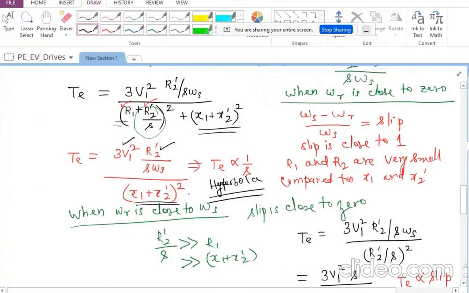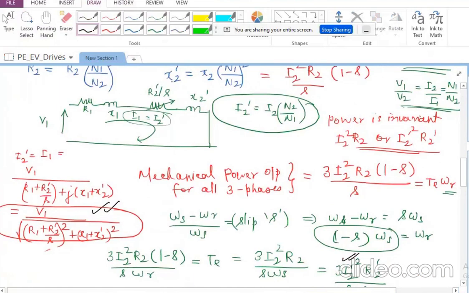Because if I look at the equivalent circuit, R2 dash divided by S is the overall resistance visualized from the stator side, and R2 dash divided by S minus R2 dash is what is really contributing towards mechanical power. So if S itself is 1, then I'm hardly going to have any mechanical power at all.